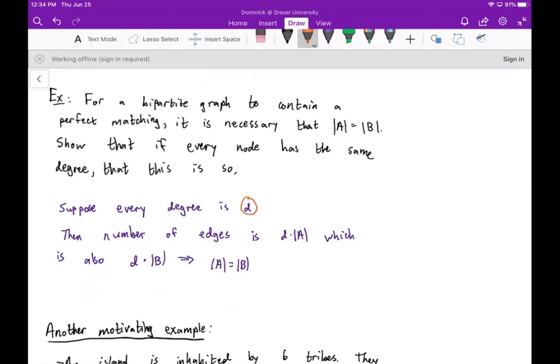Now, the number of edges is the number of nodes times the degree of each node, so d times the size of A. But that's also the same as d times the size of B. So we divide both sides by d, and that necessarily implies that A is equal to B.